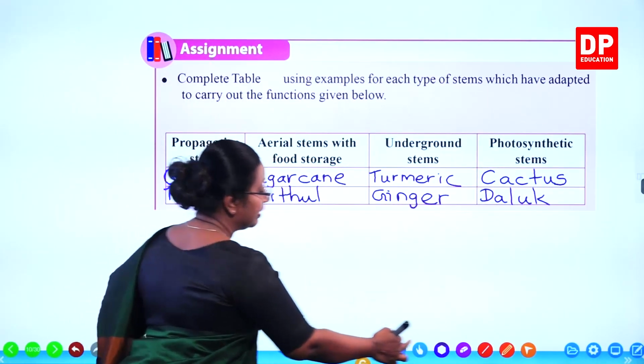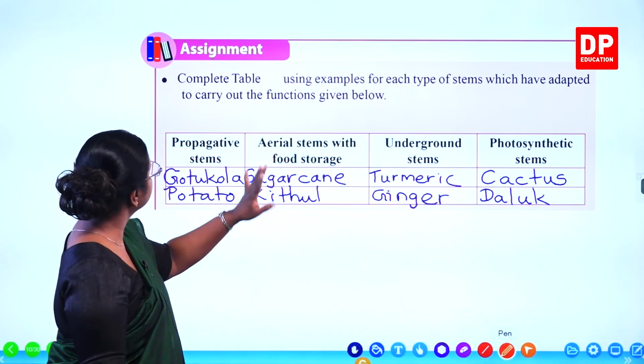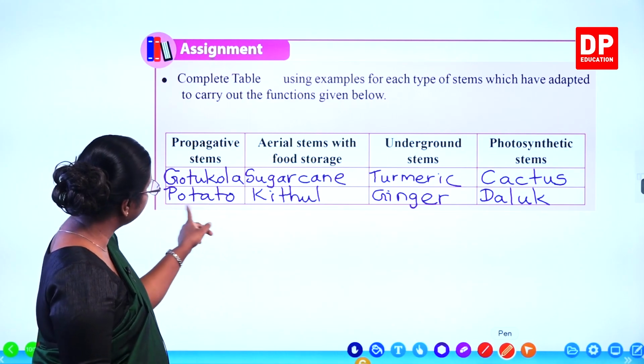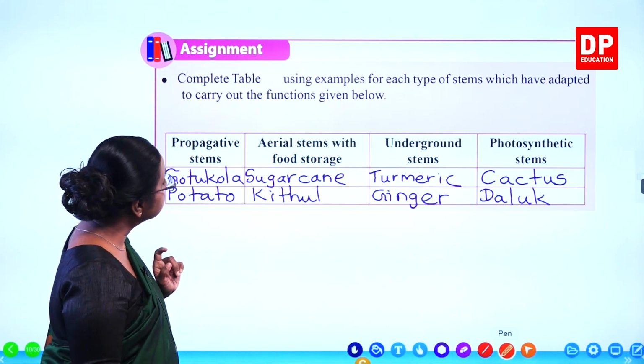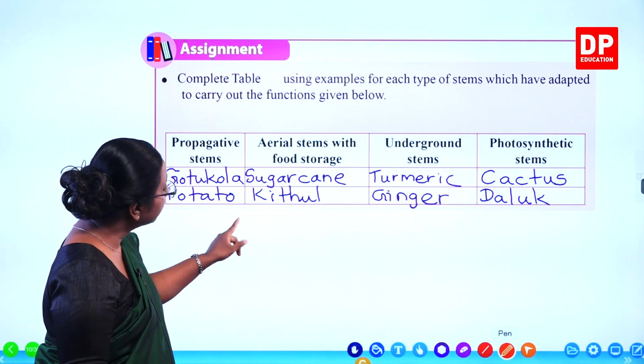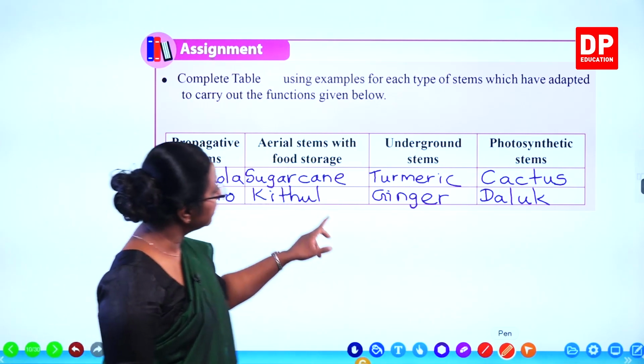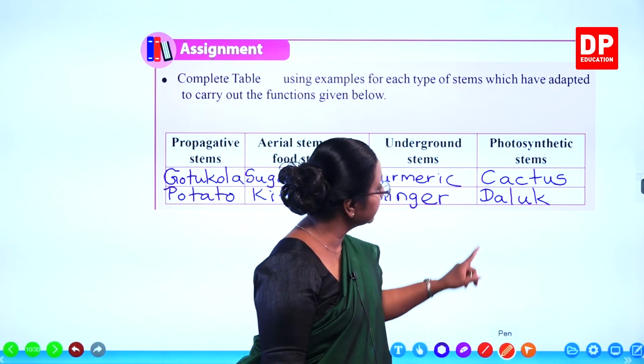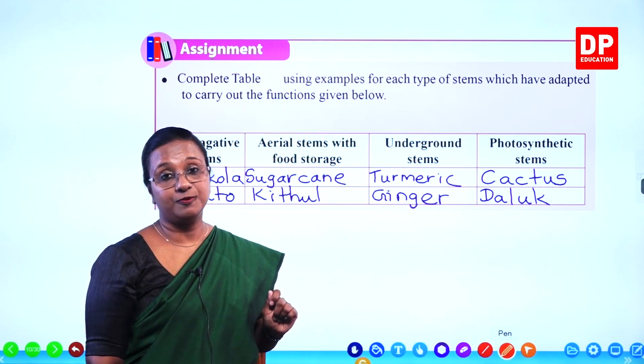So in this assignment, we have filled the table. For propagative stems we have given the examples gotukola and potato, aerial stems with food storage, sugarcane and kitul, underground stems, turmeric and ginger, and photosynthetic stems, cactus and daluk.